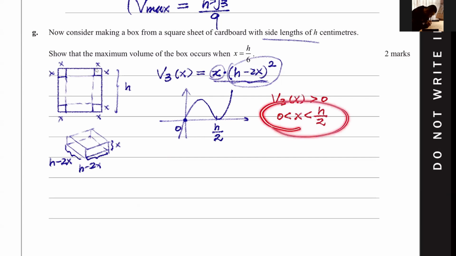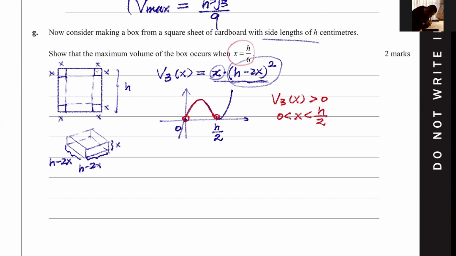And think about this domain restriction physically. You can't really cut the corners more than half of the length here. Otherwise, you're just cutting one paper into 4 smaller papers, okay?